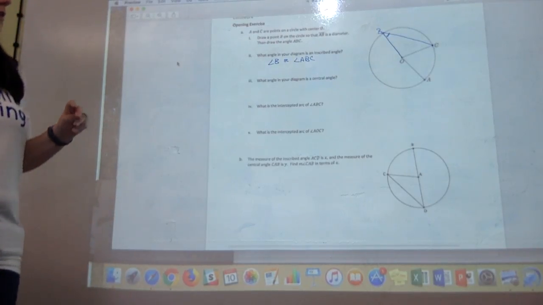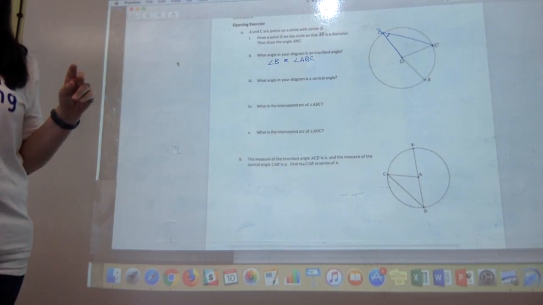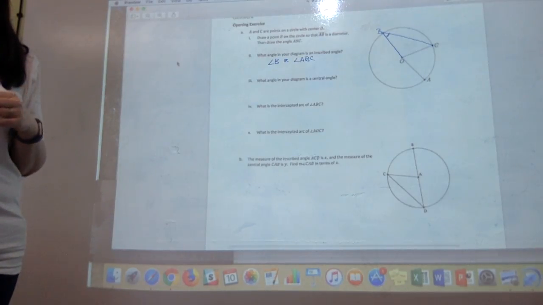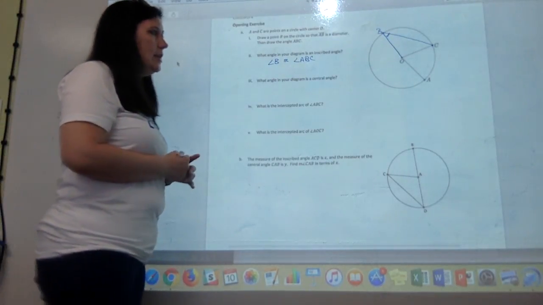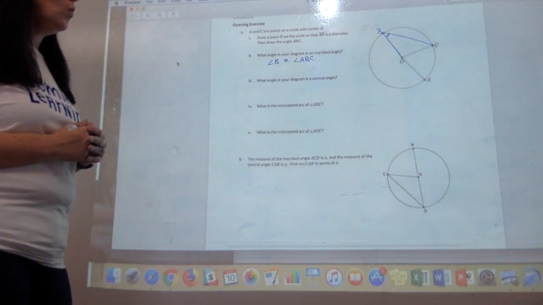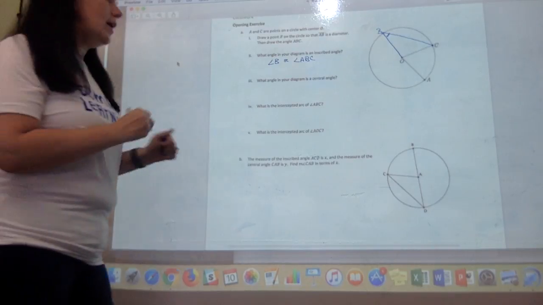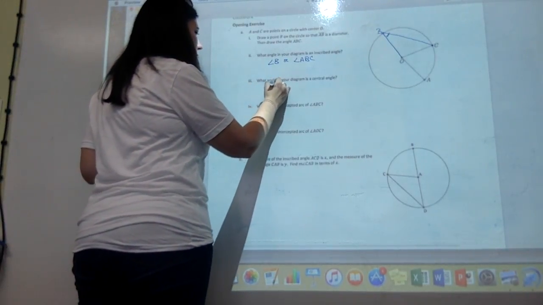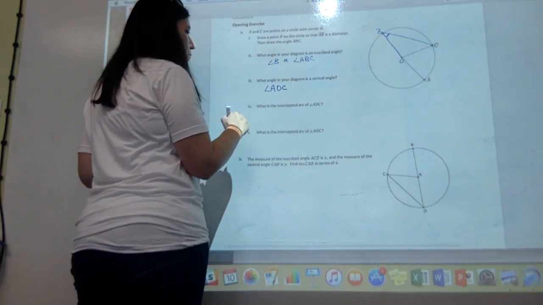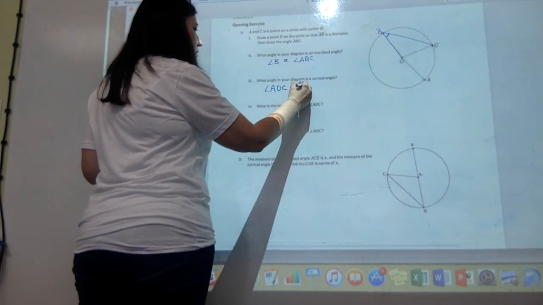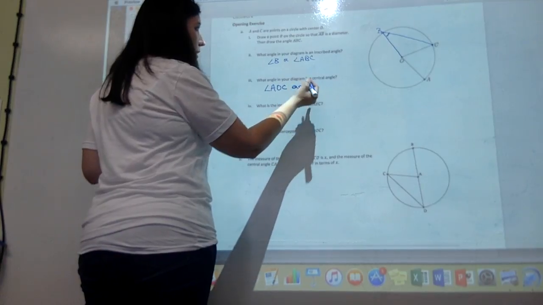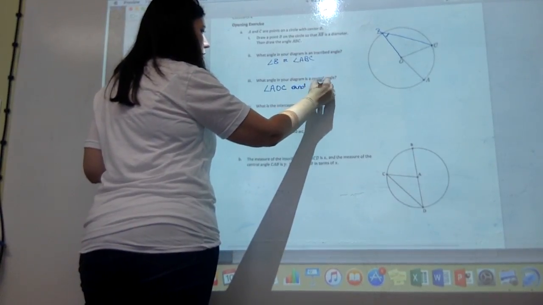What angle in our diagram is a central angle? Angle O. Let's be more specific. I see two angles at angle O. Angle AOC. Is there another one? BOA. Yes, technically angle BOA.